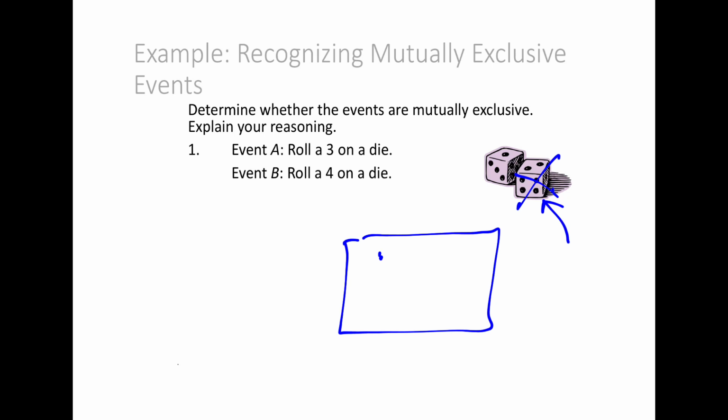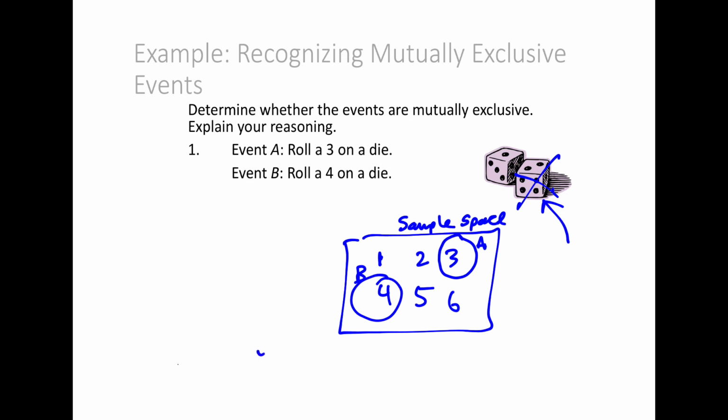So for a single die, 1, 2, 3, 4, 5, 6 would be the sample space, right? These are the possible outcomes for rolling a single die. Event A would be represented by a circle like this, and event B would be represented with a circle like this. These circles do not overlap, and so we would say, yes, they are mutually exclusive.